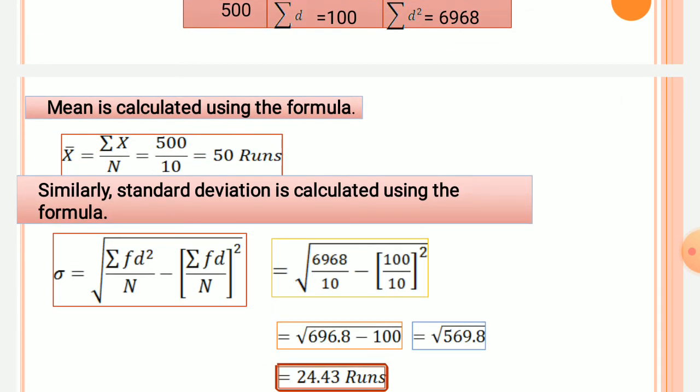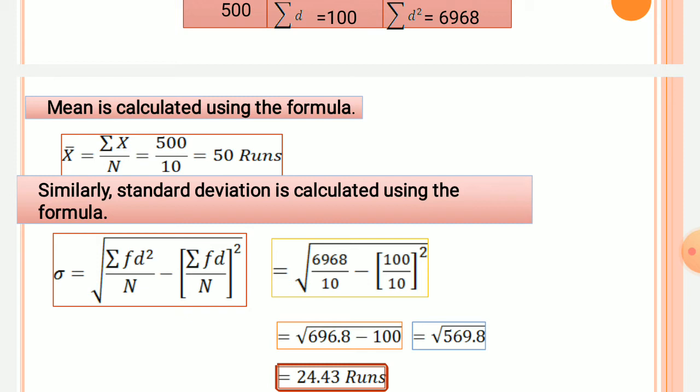Now arithmetic mean can be calculated using this formula. X bar is equal to sigma x by n, equals sigma x 500 by 10, is equal to 50 runs.